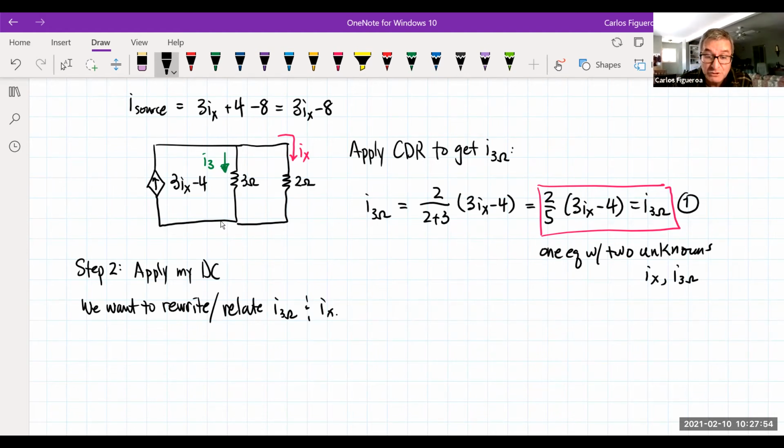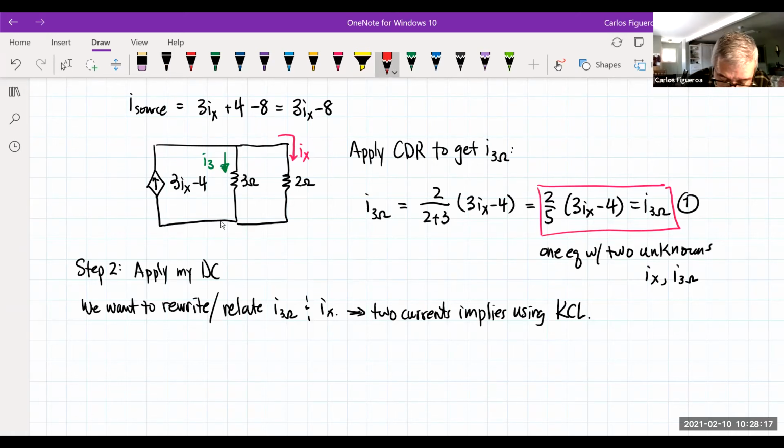The fact that there are two currents, what's the easiest way to connect two currents? It's KCL. So the fact that there are two currents implies using KCL. So look at my node now. At my top node, you could see that I have one current going up and two currents down.